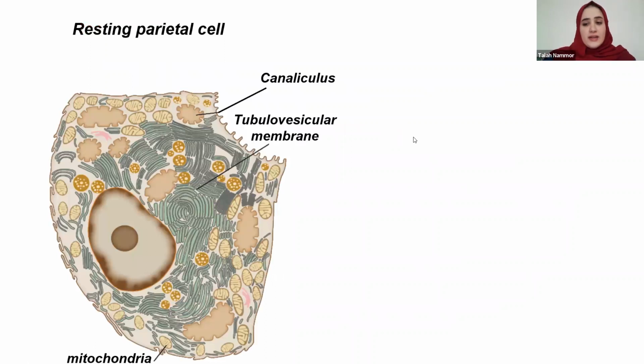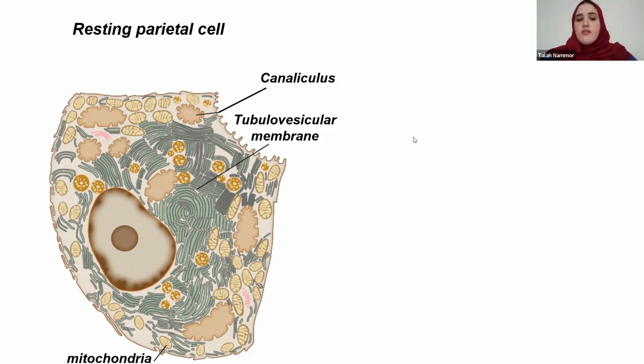Now we're going, guys, to discuss the parietal cell itself and the secretion of HCl. So, first of all, can you guys tell me what do you see in this parietal cell? Anyone? Just anything you see. Yeah, mitochondria, exactly.